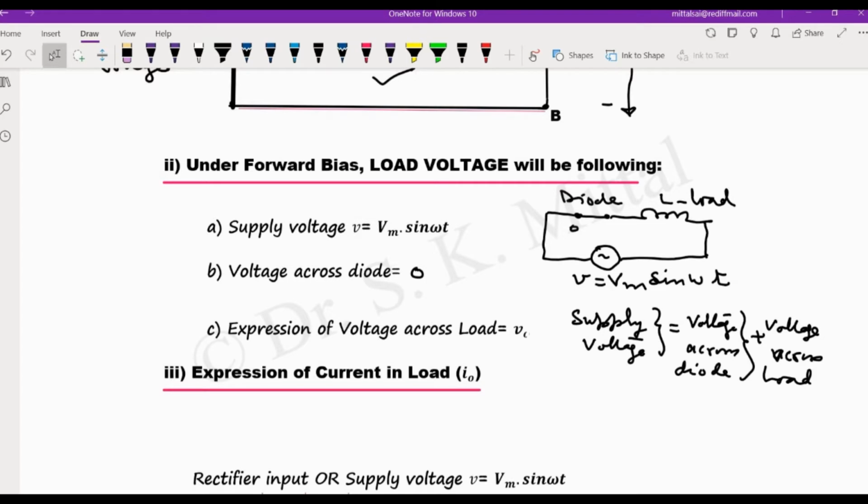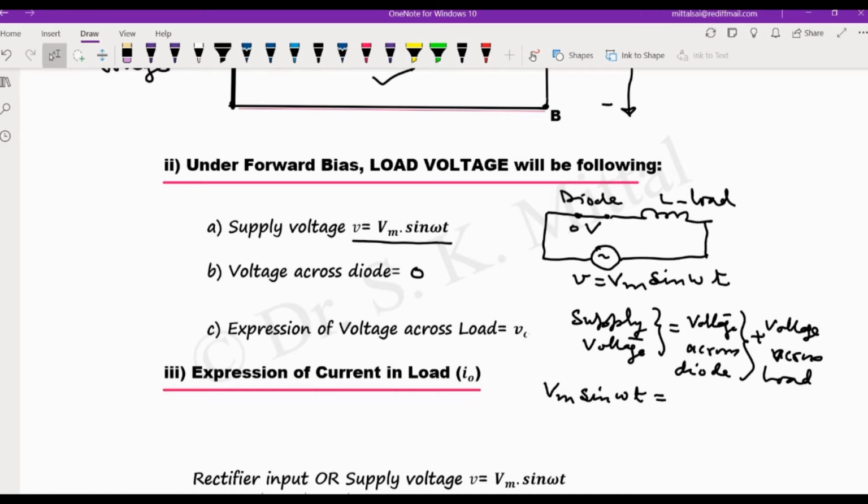So now, since the supply voltage we have applied is V is equal to Vm sin omega t, at the left hand side I put Vm sin omega t is equal to voltage across diode.